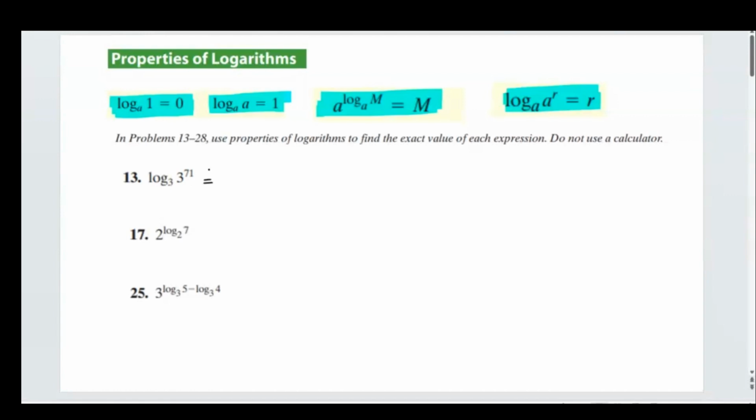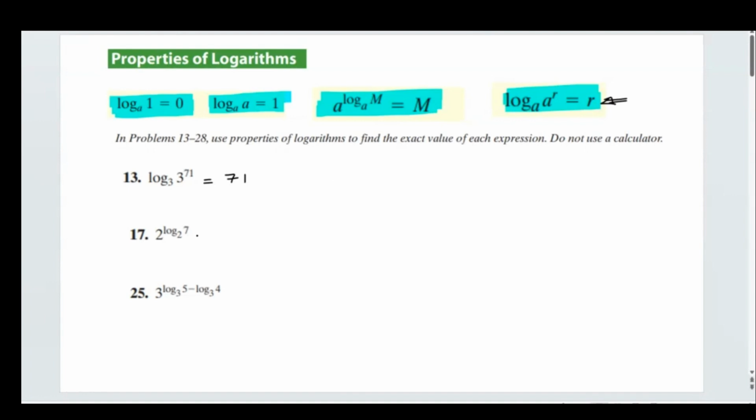Of course, if we look at the properties we have on the top, using this property we can find the value of this expression. The value is 71, because the logarithm in base 3 of 3 to the power of 71 will be 71, based on the property log in base a of a to the r is equal to r.